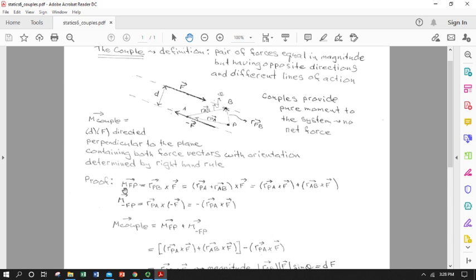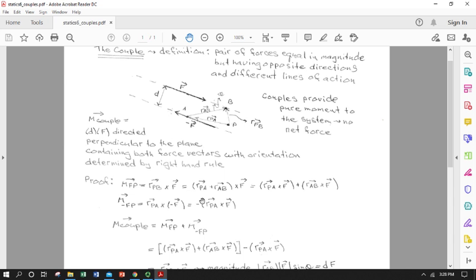Okay, so we can write the moment due to positive F about P as just some radius vector from P to the line of action. So let's use r P to B, this vector right here, r P to B cross F. Okay, r P to B cross F.